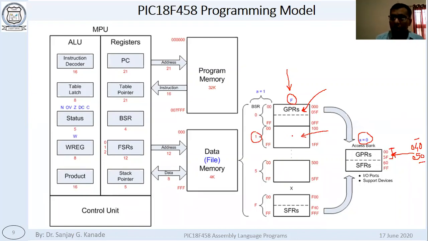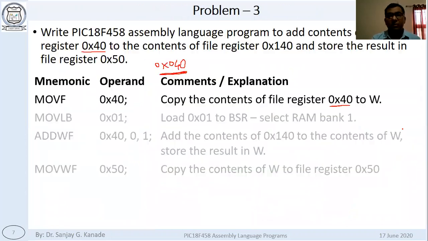To access a register from there, I will have to use A equal to 1 and BSR value equal to 1. So using the access bank mode I can access these two registers, and we are going to use these two methods for solving our problem.